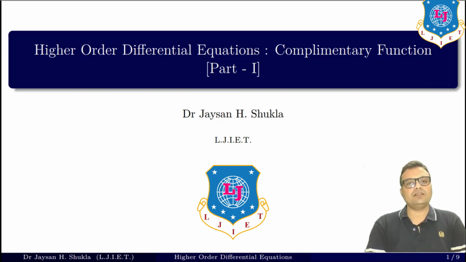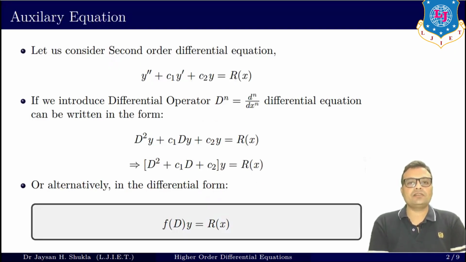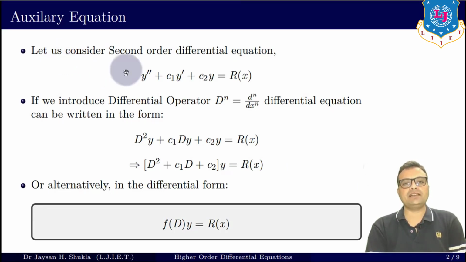Let us start our first part of complementary function. As you can see over here, for simplicity, I am considering a second order differential equation. On the left hand side, you can see y double dash plus c1 y dash plus c2 y equals r of x.